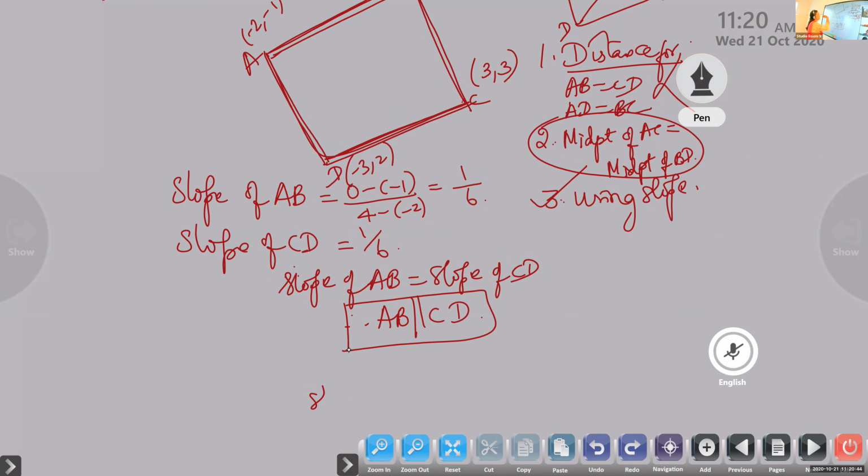Similarly, take the other side. Find the slope of AD and the slope of BC and check whether the slopes are equal.